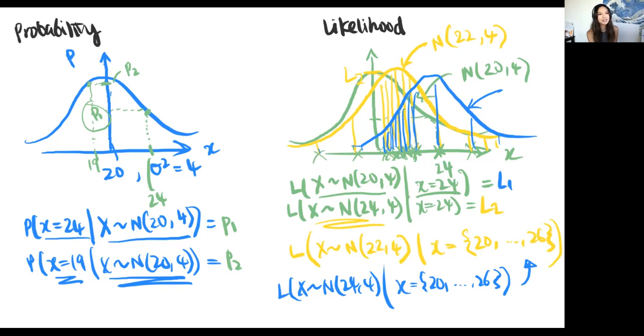So the math behind that is not important. What's more important here is that the whole concept of modeling is that we want to find the best curve or model or line that fits our data, that best represents our data. And that's what I want to drive home with the concept of likelihood.